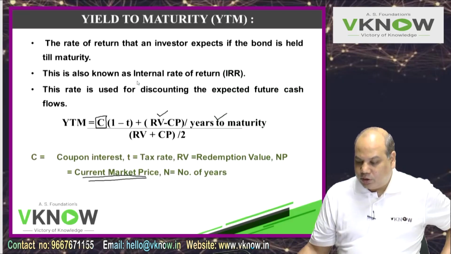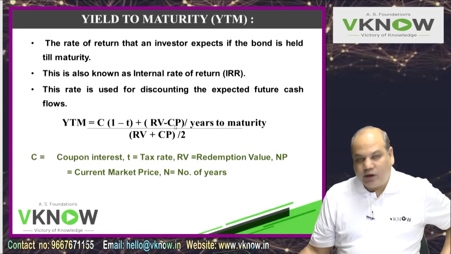Go back to the formula. What you are doing in this formula is taking RV minus CP divided by N. Now just imagine redemption will take place after 20 years. So you are taking a cash flow of 20 years down the line. Current price is today.